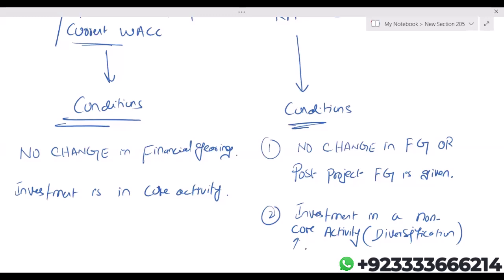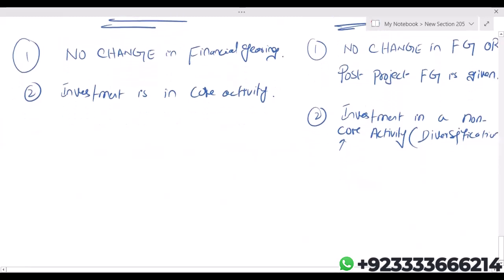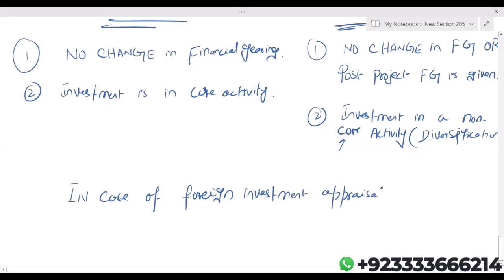Now, very important point I want to highlight here, and listen to that carefully. In case of foreign investment appraisal, we always use risk-adjusted WACC.